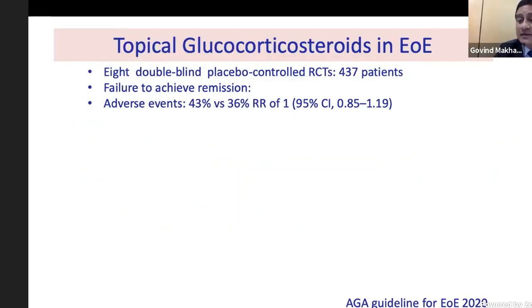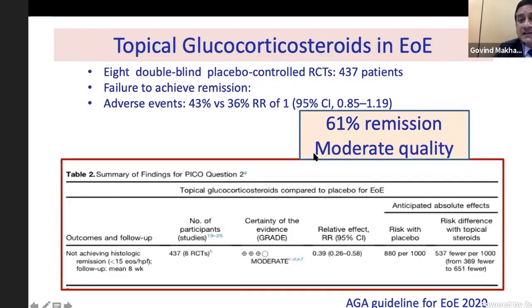And some of the evidence, again from the AGA guidelines, is that if you use topical steroid, 61% of patients will have a remission. In numbers, of 1,000 patients, if you use placebo, 880 will have no response, and if you use a topical steroid, 500 additional patients will show response.